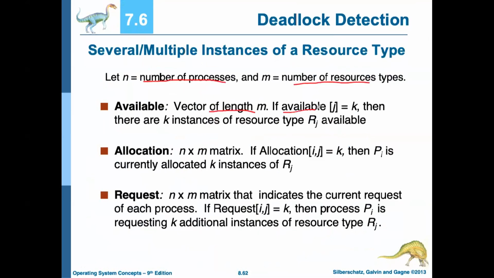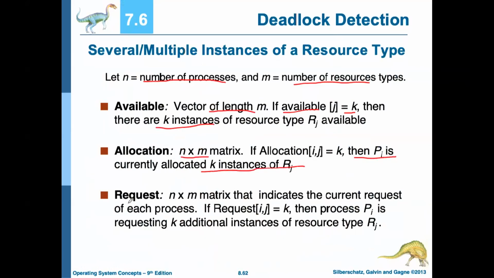If available[j] equals k, then there are k instances of resource type Rj available. Allocation is an n times m matrix. If allocation[i][j] equals k, then Pi is currently allocated k instances of Rj.